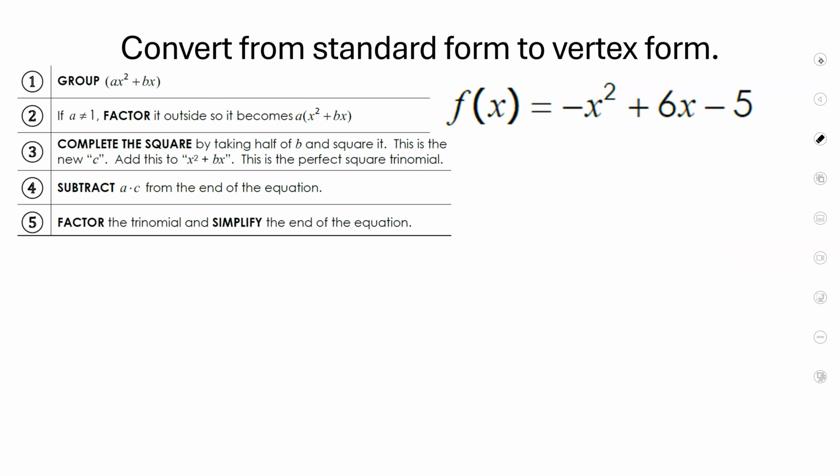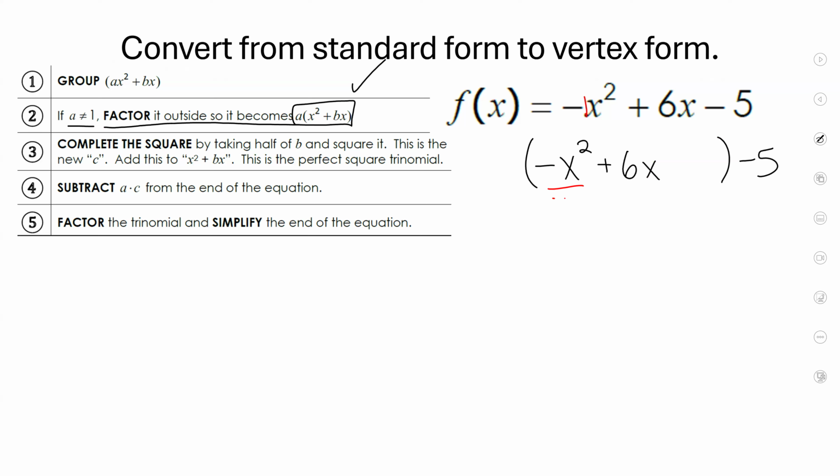Next example. Again, we're going to group these together. Negative x squared plus 6x, I'm going to group it together. That's the first step. The second step, if A is not 1, you have to factor it outside so that it looks like this. So my A value is a negative 1.